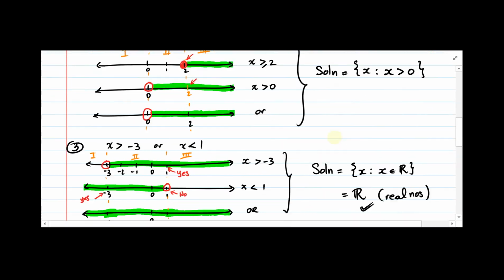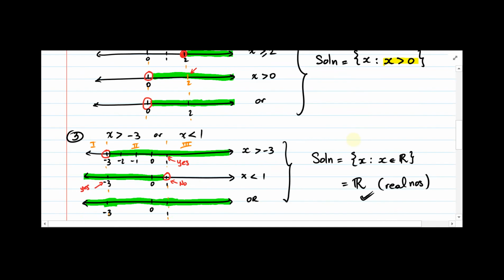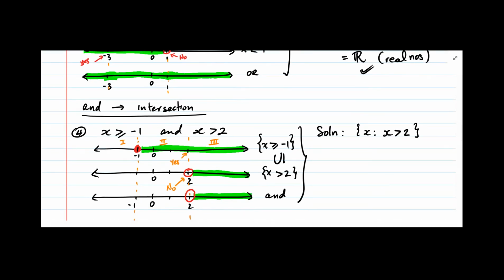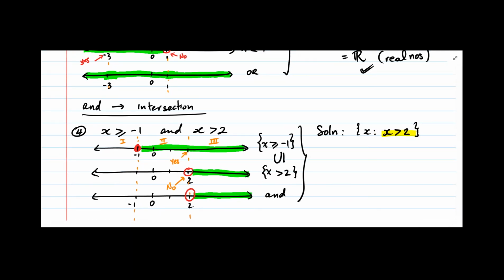If I had one region, then it was one set in my set builder notation, and so on. Well, those were extreme cases, the entire real number. But in number 4 here, one portion, one set.